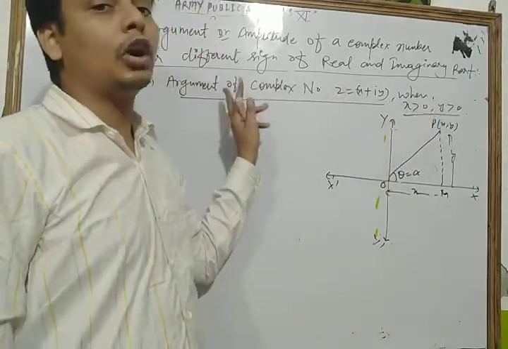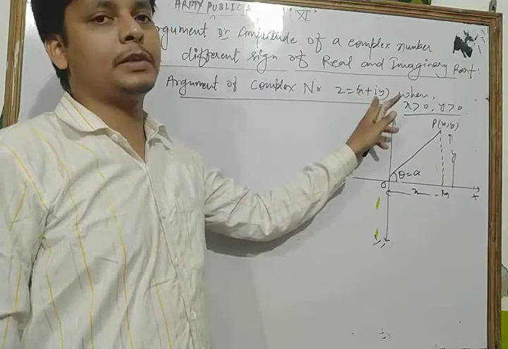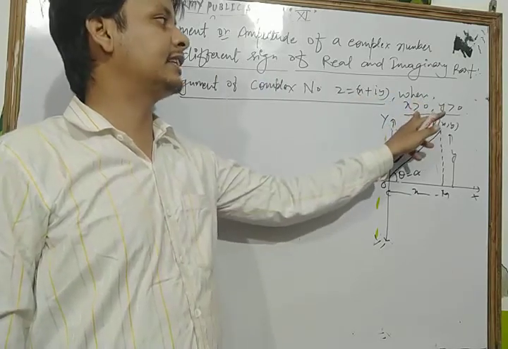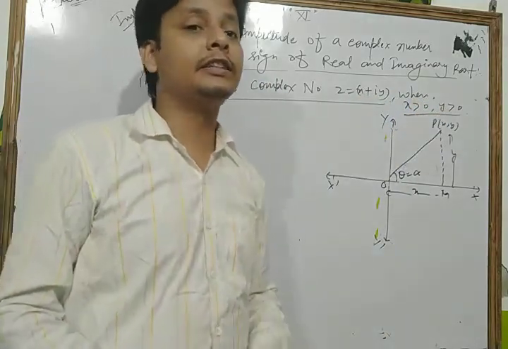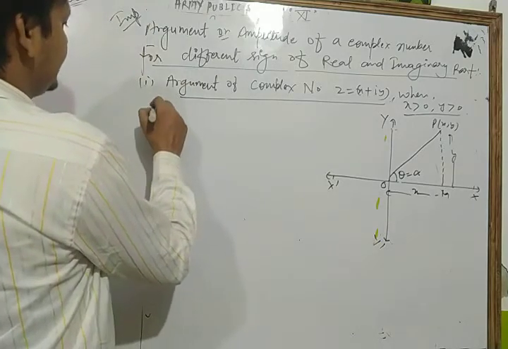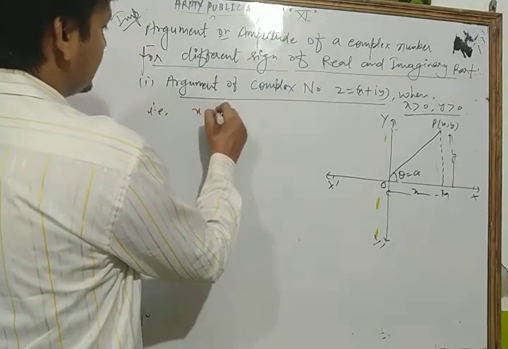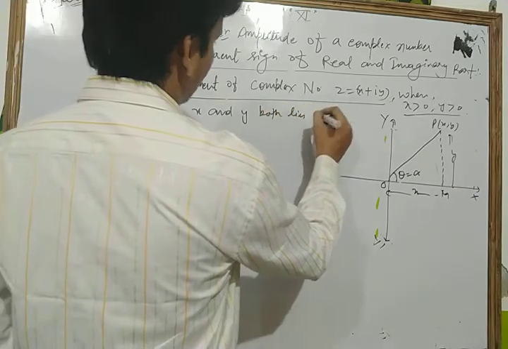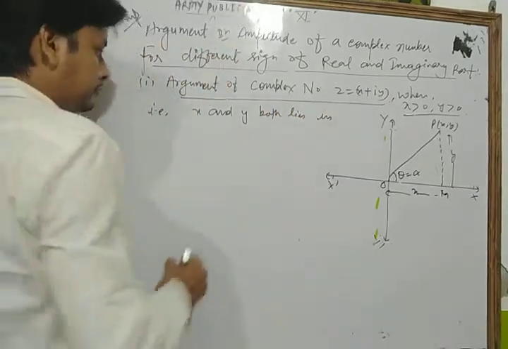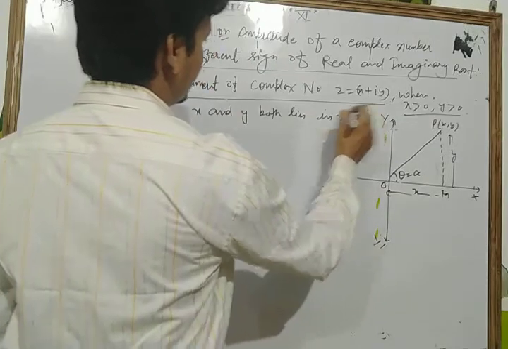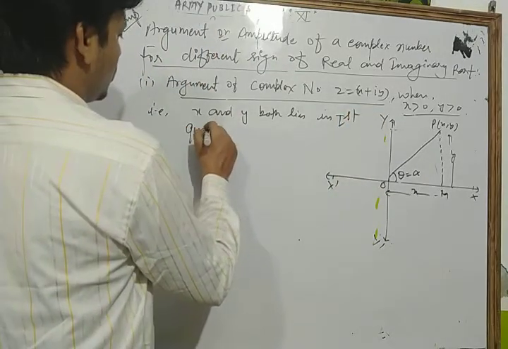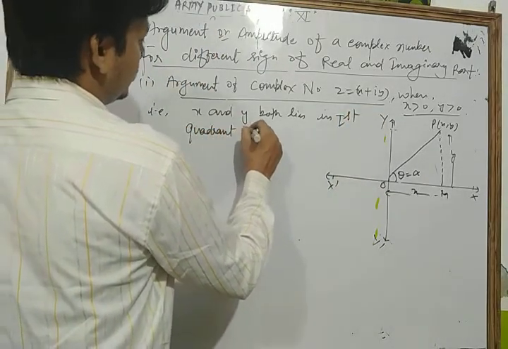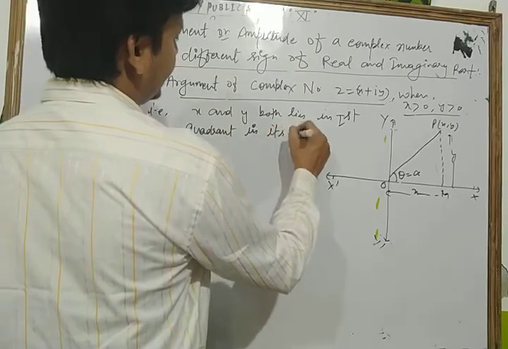We discuss the argument of the complex number z is equal to x plus iy when x is greater than 0 and y is greater than 0, meaning the point lies in the first quadrant in its Argand plane.